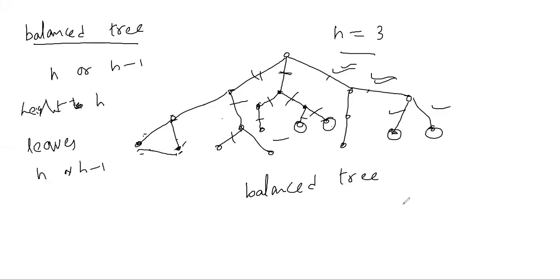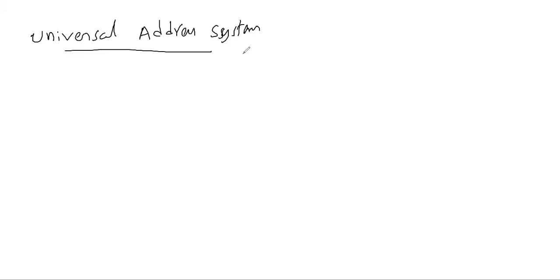So next, we are going to discuss the universal address system. What does a universal address system mean? For the given tree, we have to name the vertices.